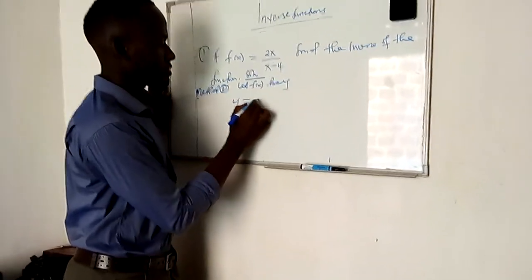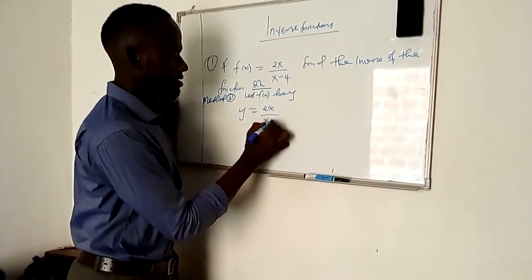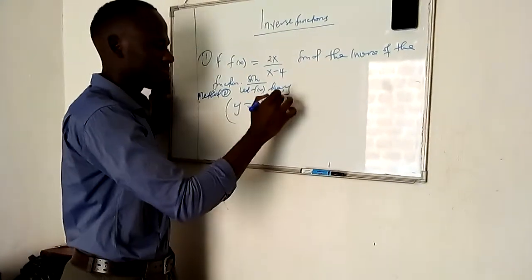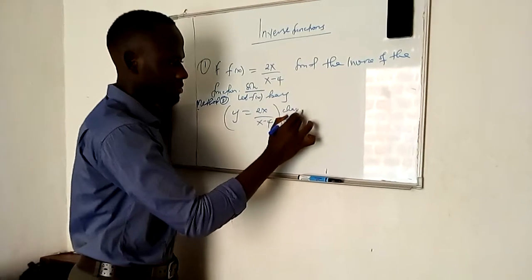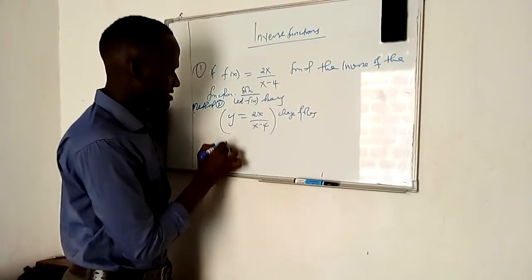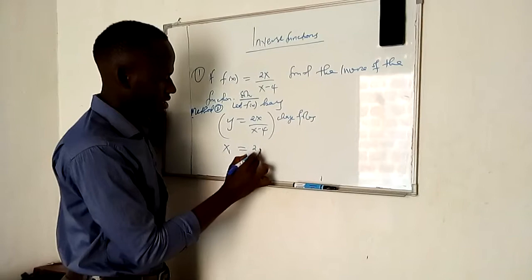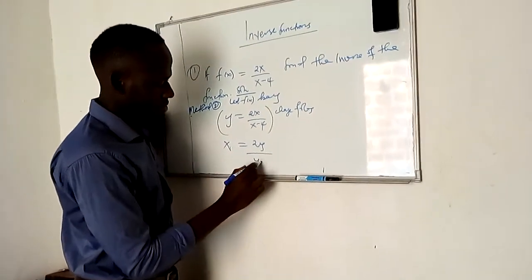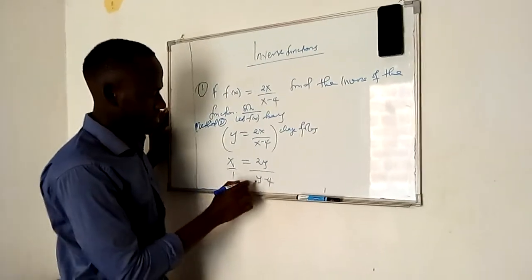So y is equal to 2x over x minus 4. After here, immediately we apply the principle of change of roles. So this becomes x and this becomes y: x is equal to 2y over y minus 4. We cross multiply, there is an invisible 1 here.